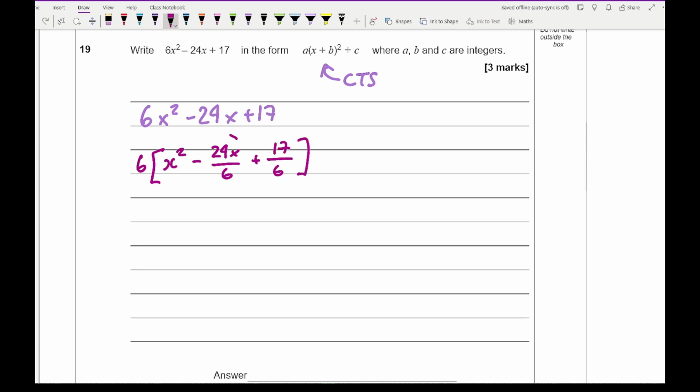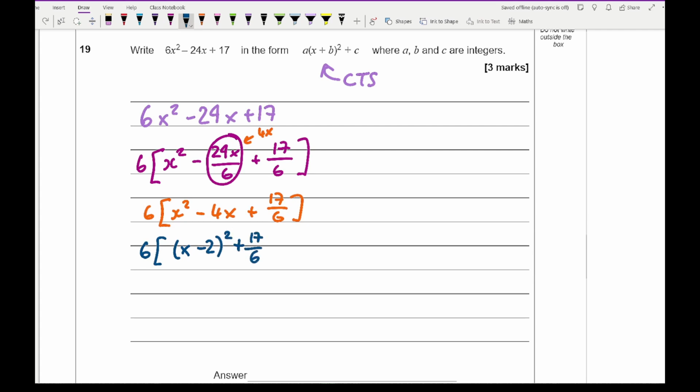Now this becomes 4x. So what that then becomes is 6 times x squared minus 4x plus 17 over 6. And then what I can do is use completing the square for my square brackets. So 6, and then I've got x minus 2 squared plus 17 over 6 minus 4.